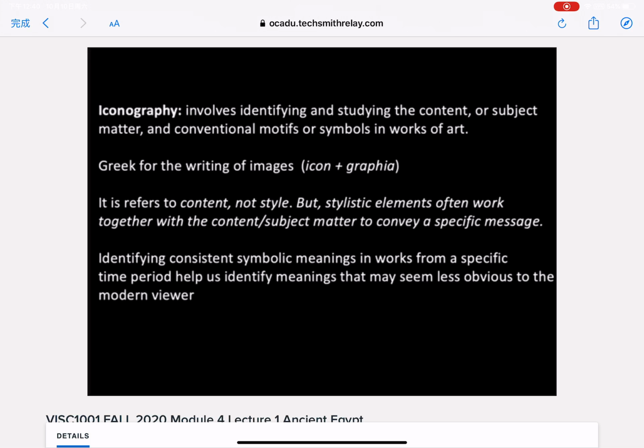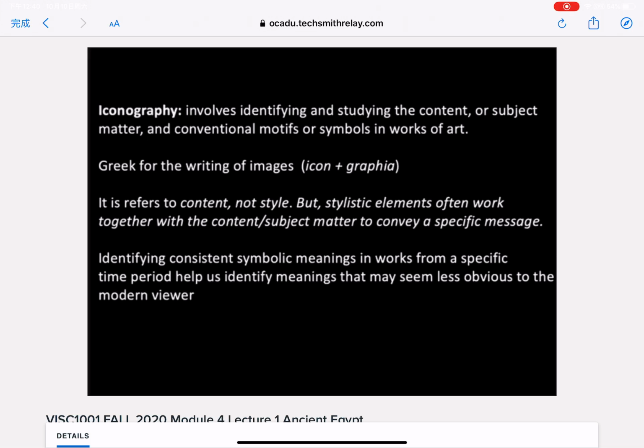But the term iconography is something that you will probably find in your textbook and in other art historical texts. And again, it involves identifying and studying the content or subject matter of works of art and any conventional symbols in works of art. It refers to content, not style.